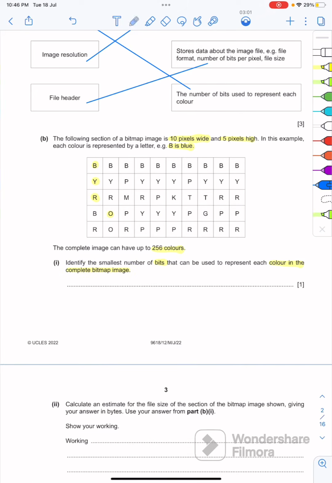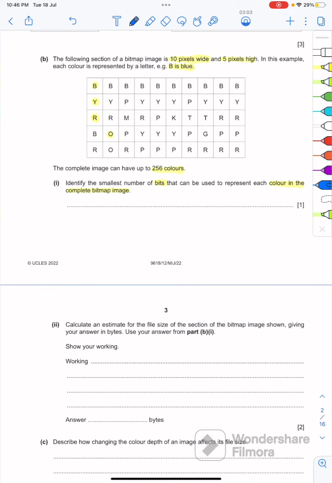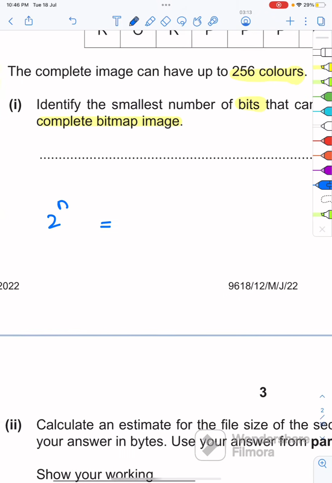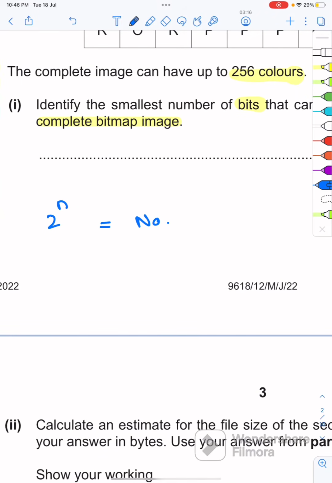Now this is usually something that confuses a lot of students, but this is one trick that was easy for me to remember when it came to questions like these, and that is you use the formula 2 to the power n equals the number of colors, right?